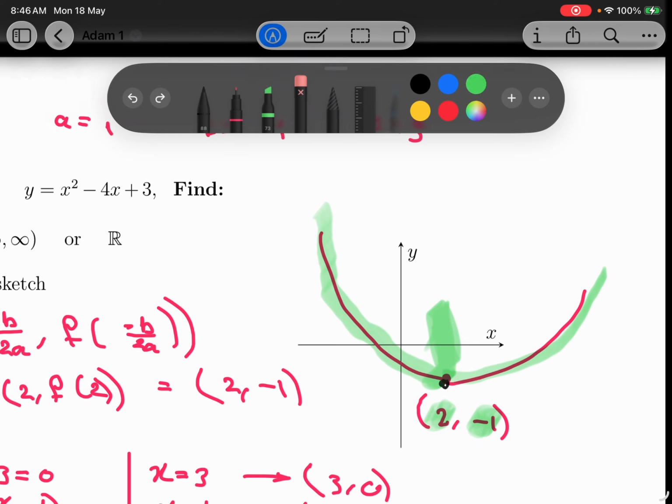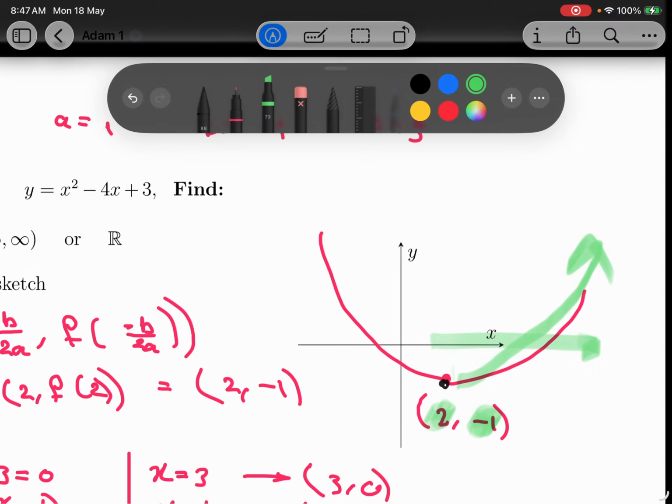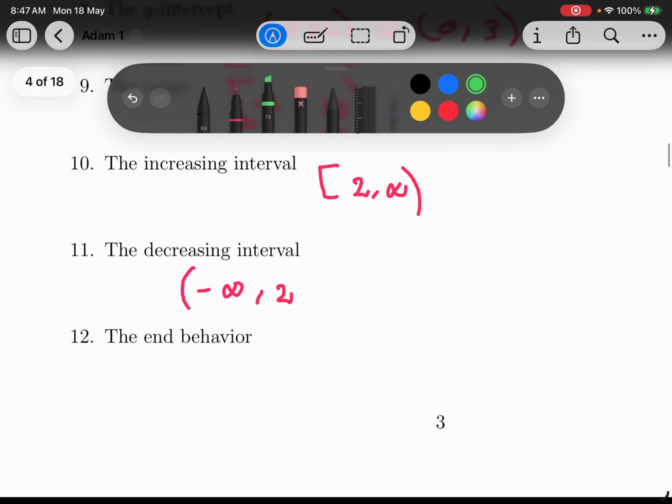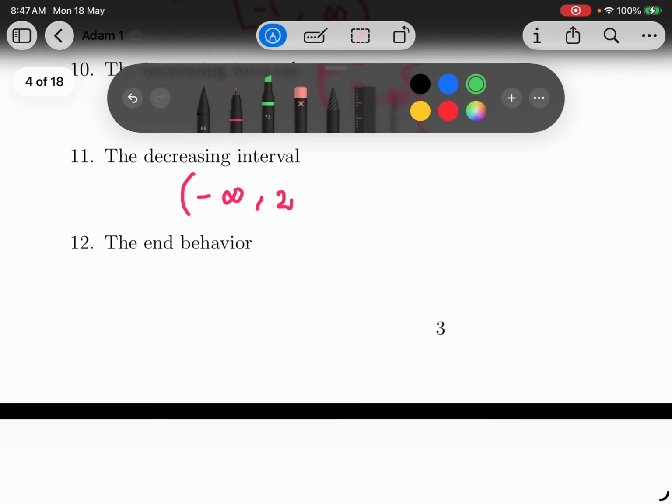To visualize this, look here. When x goes very big like this, the function itself goes up, and when x goes extremely small to minus infinity, then the function goes up to infinity. So in both cases, these tails go up.